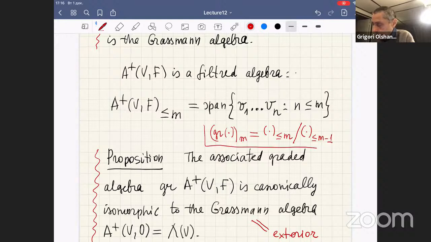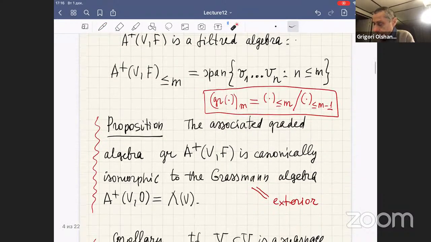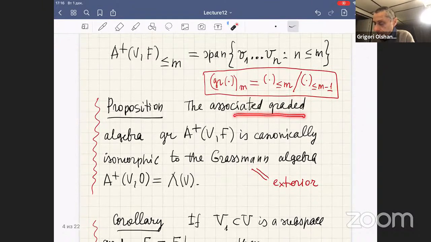This is just the definition of a graded algebra. The proposition I have in mind says that the associated graded algebra for the Clifford algebra is canonically isomorphic to the Grassmann algebra, or the exterior algebra, which is the same.